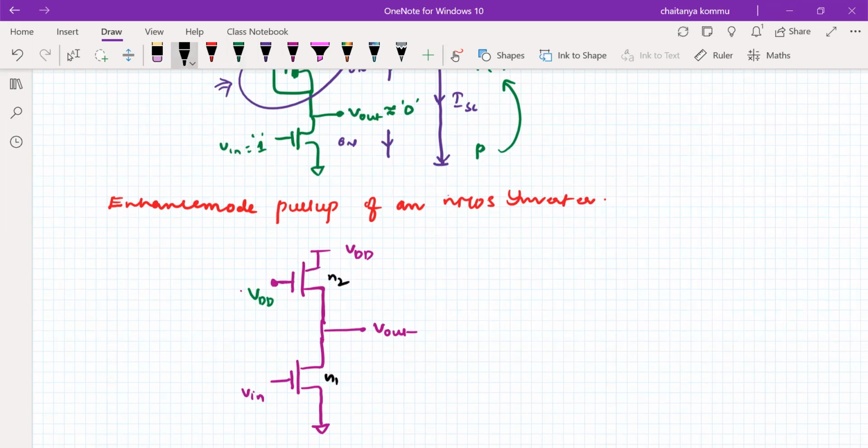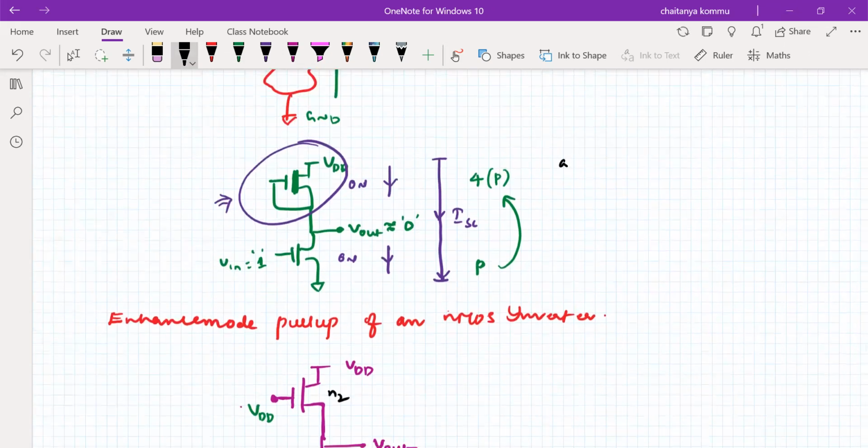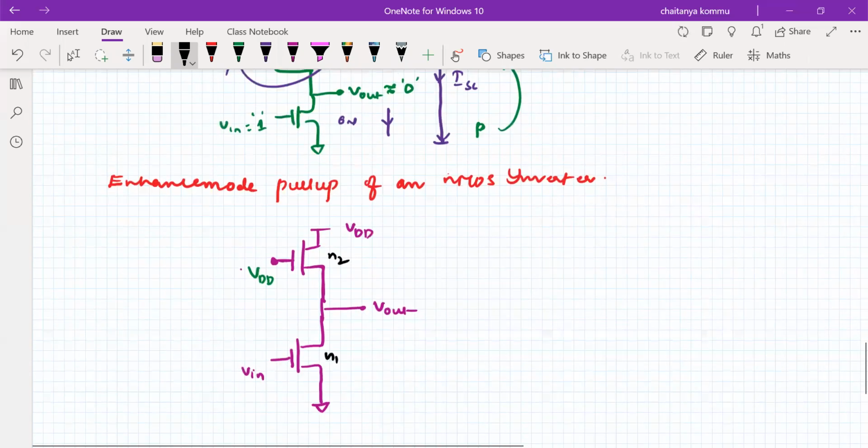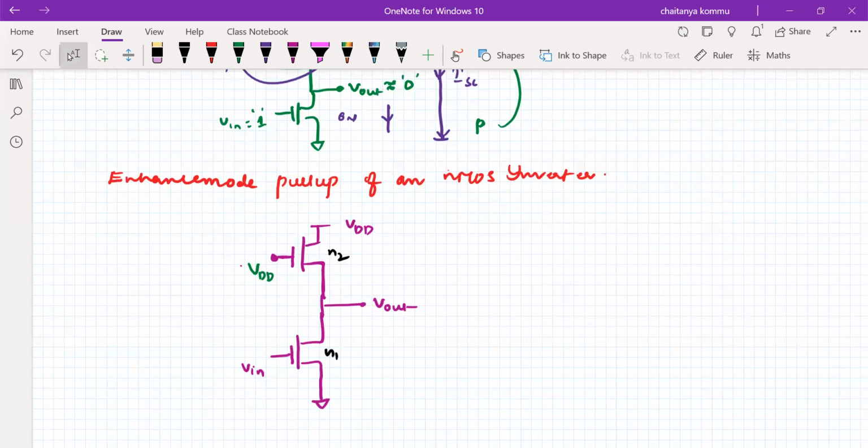That is because of area consideration and power consideration. These are the 2 problems that can be solved by the enhancement mode transistor. The short circuit problem already exists, but if you remove some particular portion of the power, it will be advantageous. In that sense, we have come up with this particular circuitry.